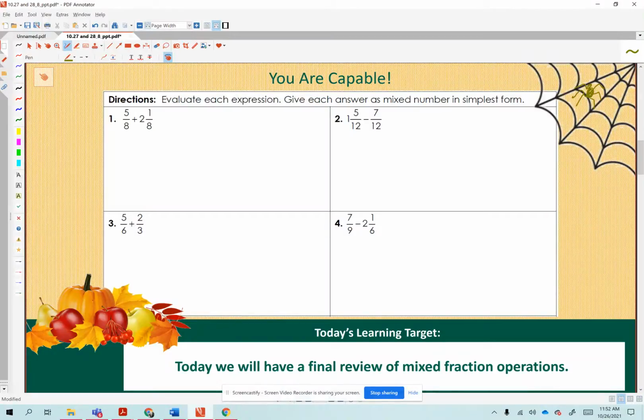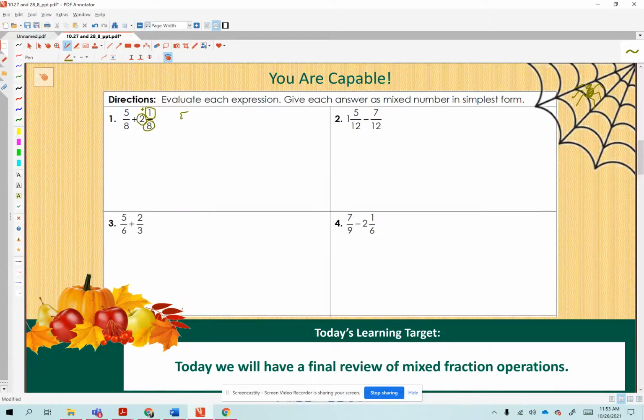So we're going to start with, looks like our first problem is addition, and it says 5/8 plus 2 1/8. So we need to take that 2 1/8 and convert it to an improper fraction. So we will look at the 8 and the 2 and multiply them together. 8 times 2 is 16, and we will add the numerator to get 17.